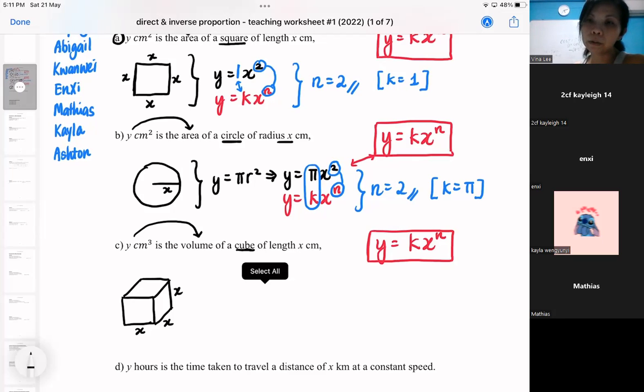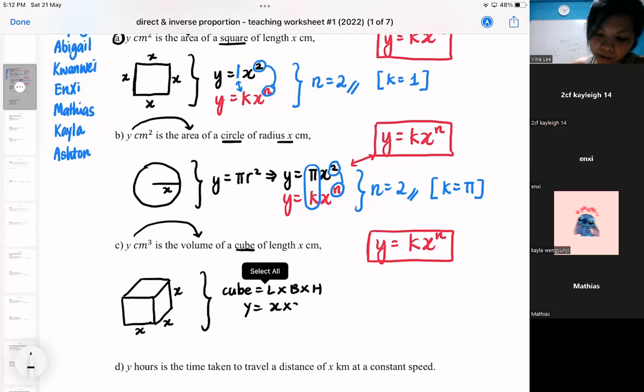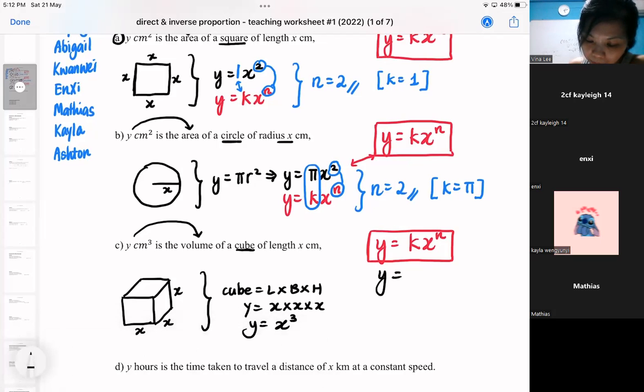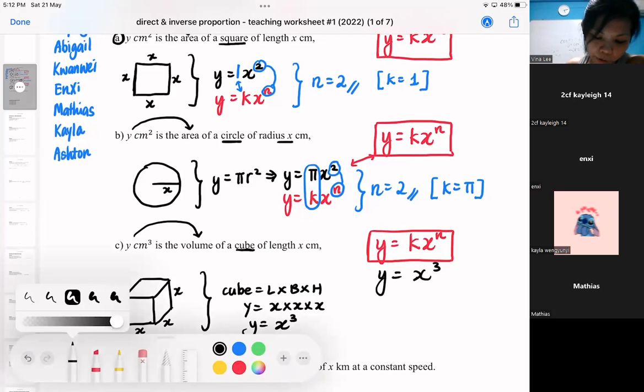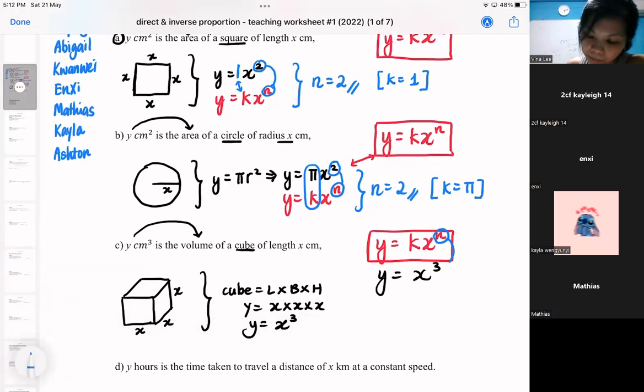If you still remember, the volume of a cube is length times breadth times height. Remember, in primary school, we learned that. So it will be x times x times x, which is x cubed. Put it with the direct proportion and do a comparison.